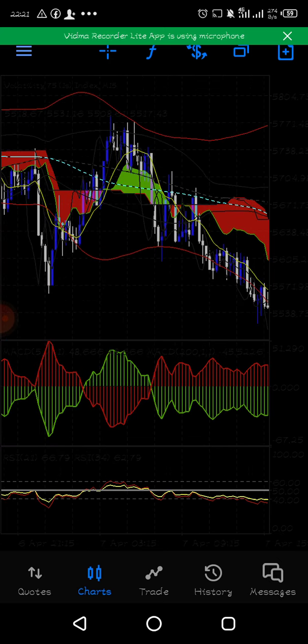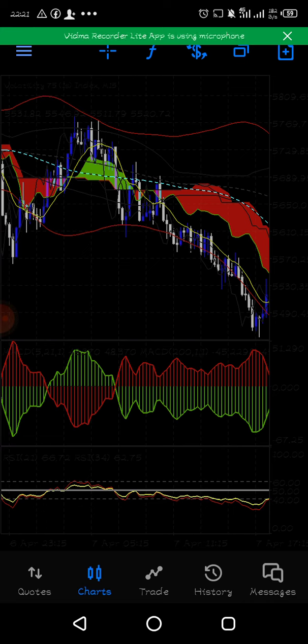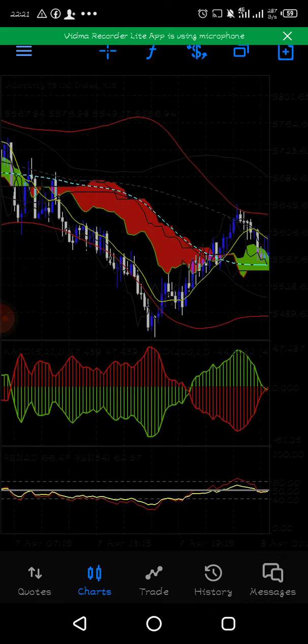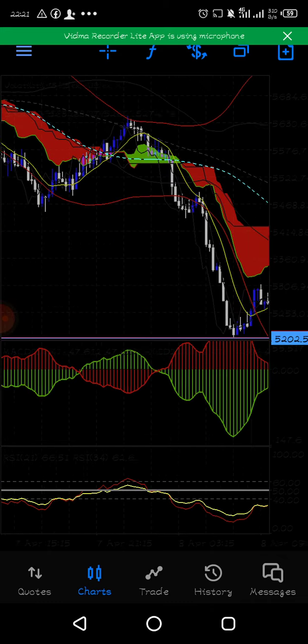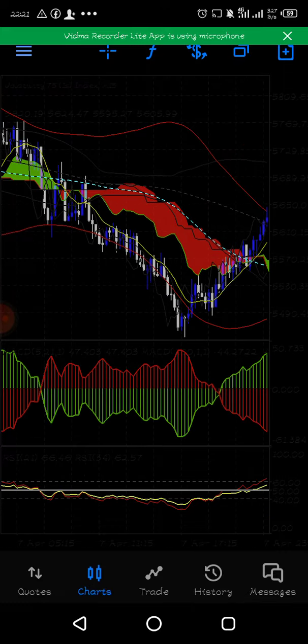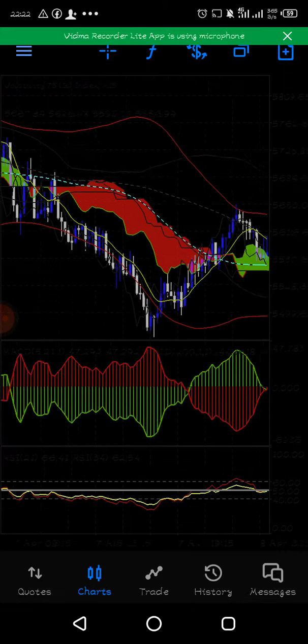So how do we enter trades on this sentiment indicator? We enter trades only when the yellow line crosses the middle band. That's when it shows us that okay, we are actually in a trend. So as you can see, we enter trades here, we took it and we rode it all the way down.